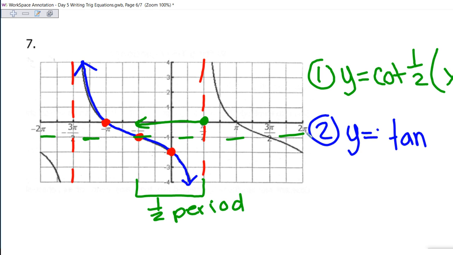So this would be the negative tangent. The period is still the same. I'm still completing half of a cycle in pi units. So the b value is still 1/2. Now tangent. For tangent, that central point is at the origin. So which way did that point move? Left.